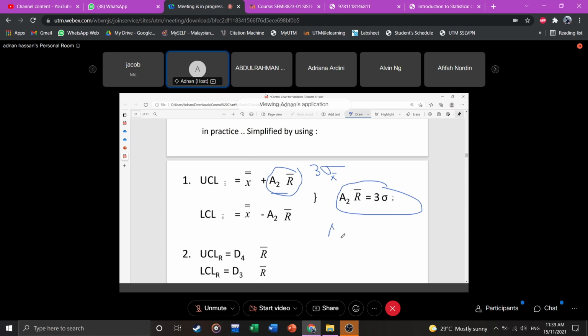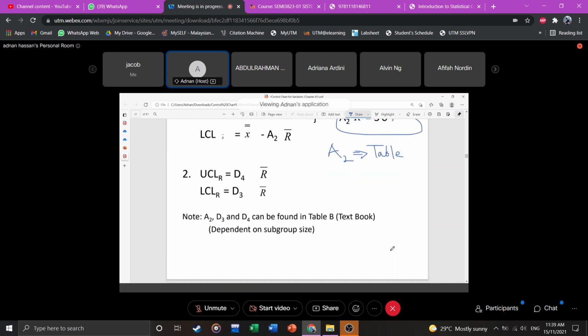A2 comes from a table. You get a table, so you can see what is the factor. For the R chart, the formula is simplified this way: upper control limit is D4 multiplied by R bar, and lower control limit is D3 multiplied by R bar. All these come from the table.